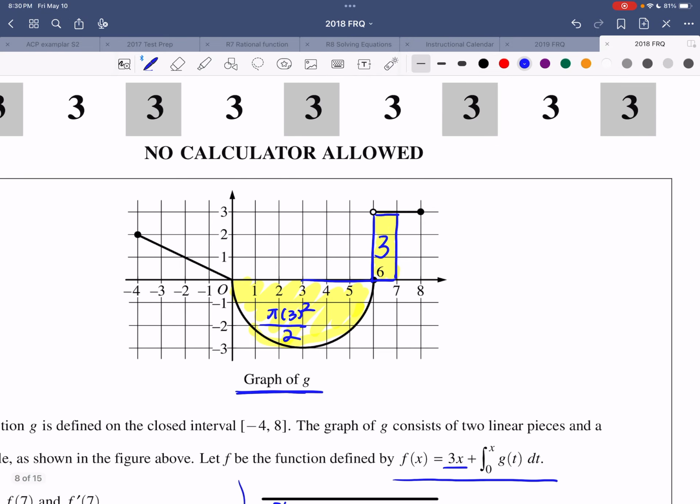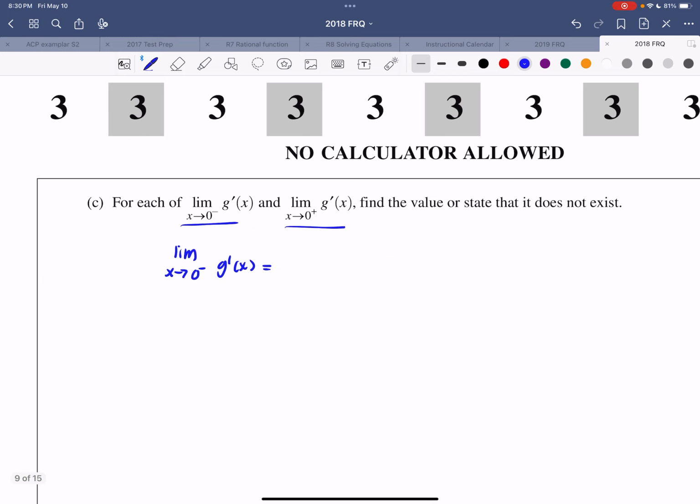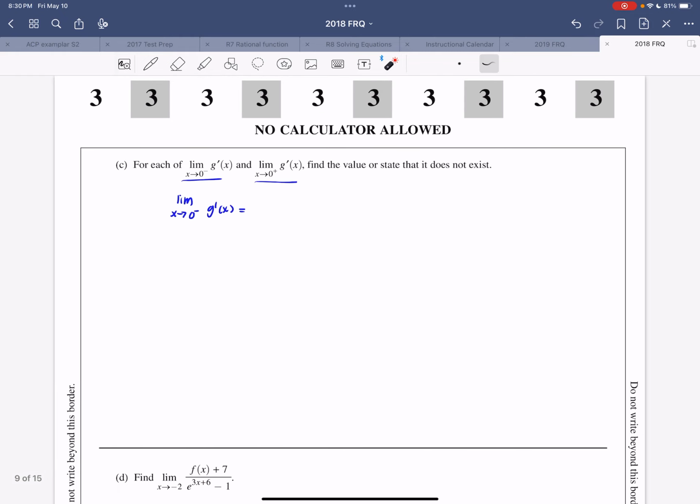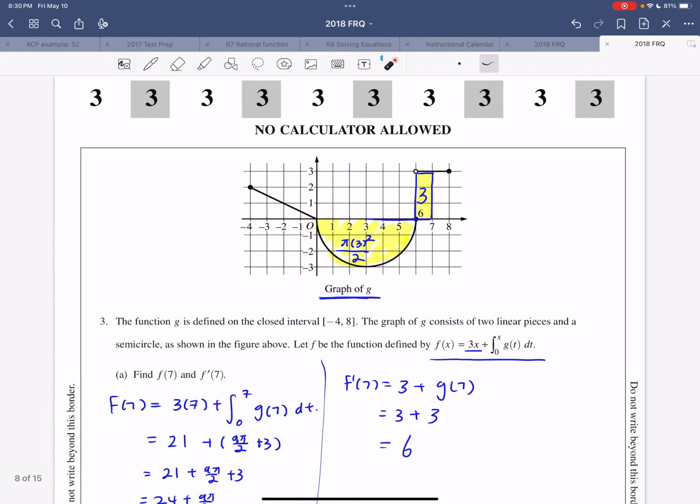So let's look at here. If you look at here, what's that called? Wait a second. 0 from negative side here. Do you see here? What's the slope? So you're trying to find g prime, which means the slope. Remember, g prime of x is a slope. So what is the slope of when g is equal to 0 here?